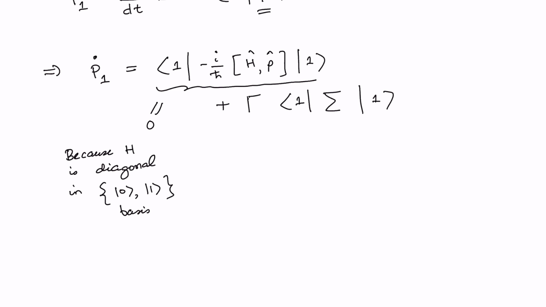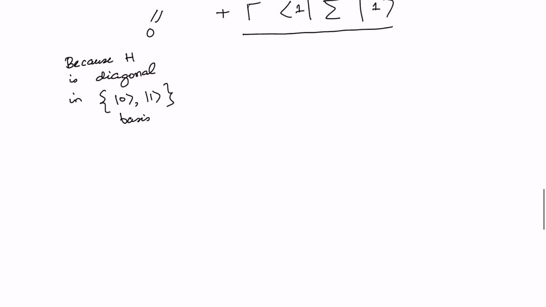This H represents the isolated system Hamiltonian, and therefore it can be written in diagonal form, and you can work it out and show that the first term is equal to 0. Then we'll be left with only this term on the right hand side of this equation.